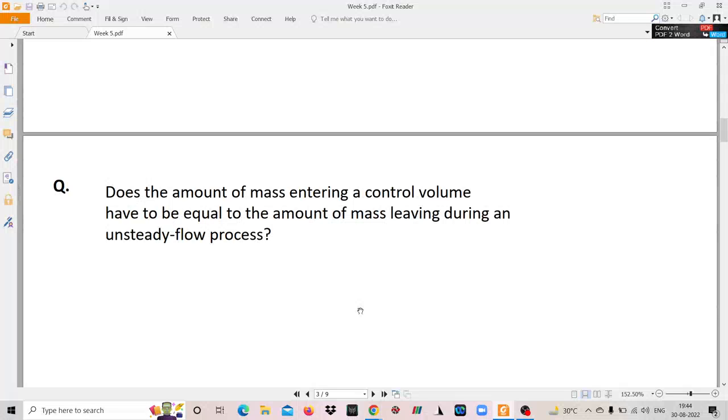Now if it is an unsteady flow process, and the amount of mass entering per unit time is equal to the amount of mass leaving, then will there be any change of mass within the control volume during a given time period?